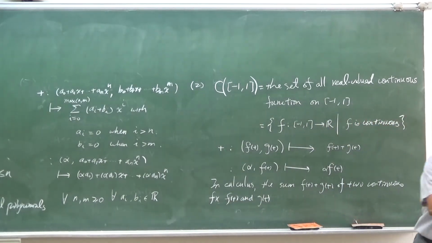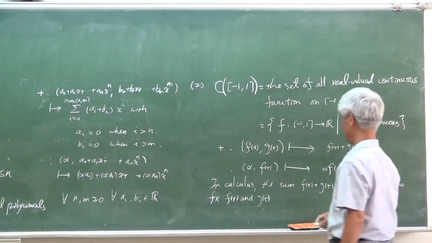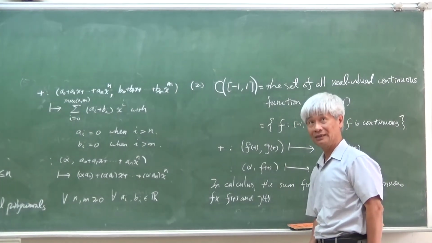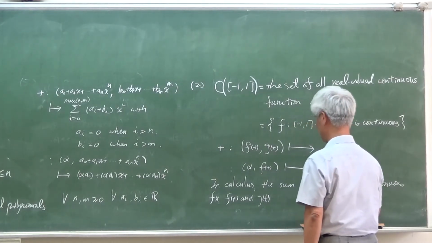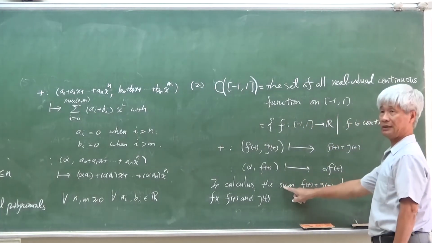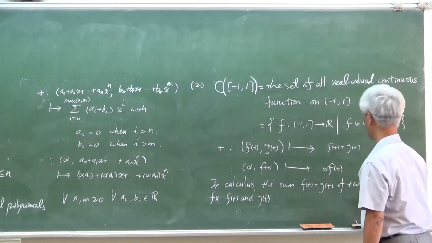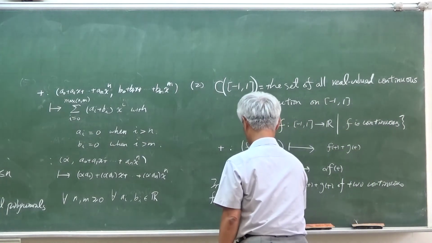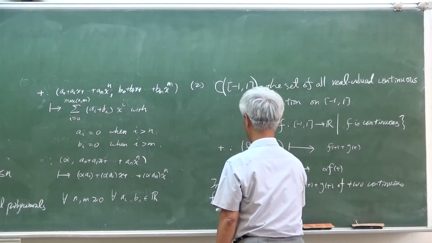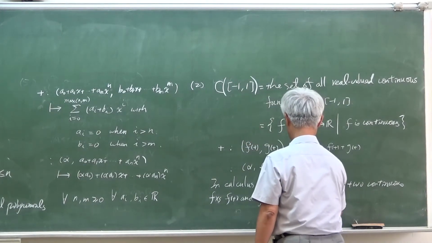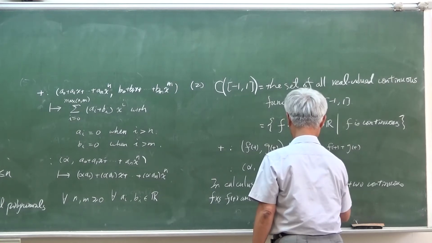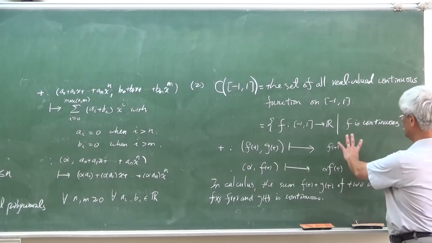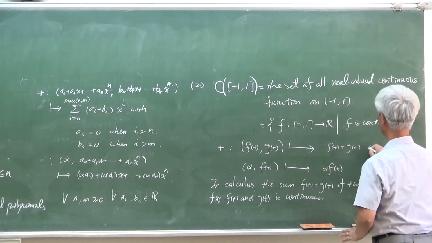Because I run out of my time, and before you take the quiz I want to give you a 5 minute break, I have only 4 minutes left. Anyway, so in calculus, the sum of two continuous functions is continuous. So this one is in C.